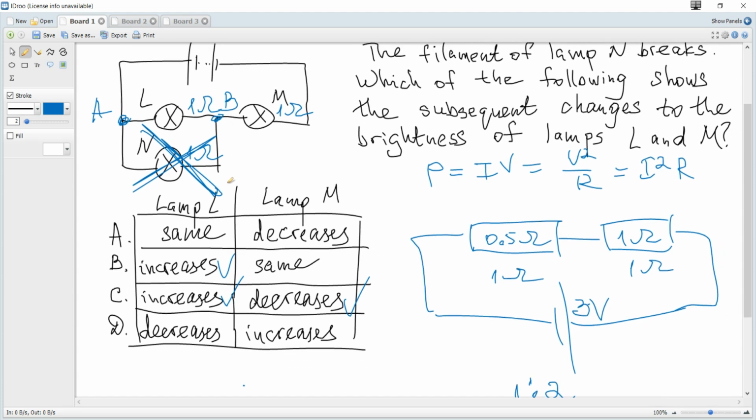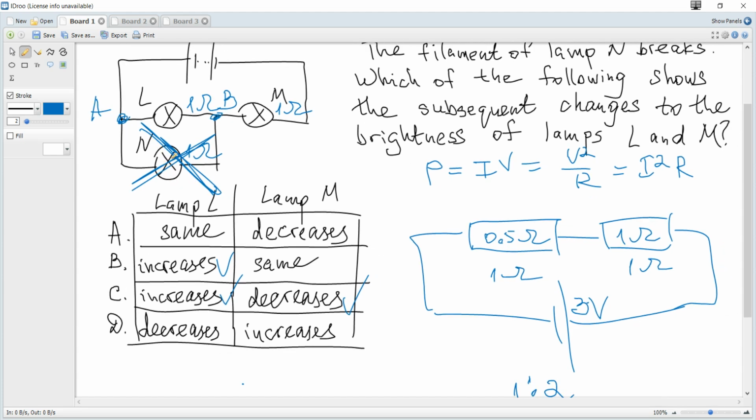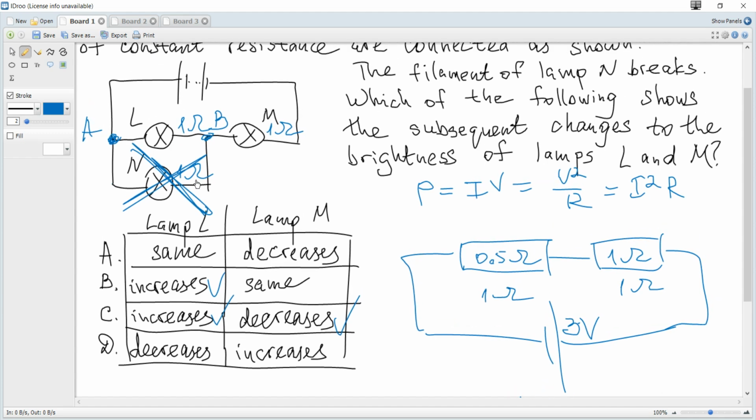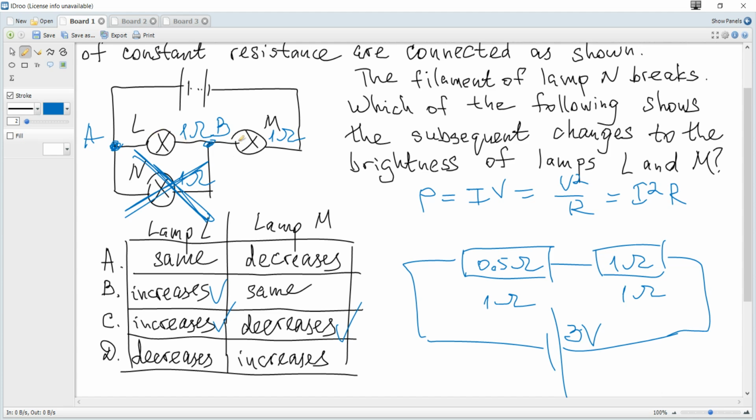And you should understand that when N breaks, resistance across AB increases. And since components in series divide total voltage proportionally to their resistances, now L gets the greater share of total voltage.